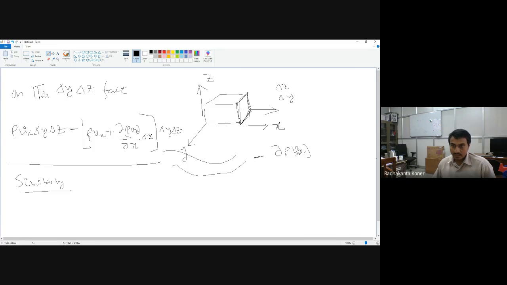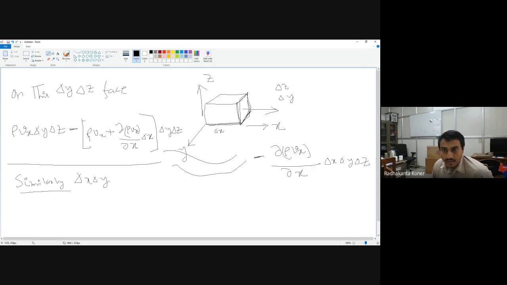Okay. So summarizing, it will come out as minus del rho Vx divided by del x, del x del y del z. Similarly for the del x and del y face, this is del x, this is del y.